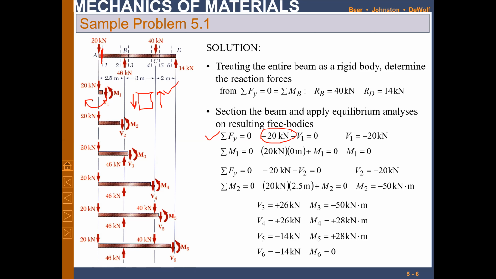We will take a little bit earlier or after that point. That is a negligible distance, so we will assume it's zero. So 20 kilonewton into zero will be 0 plus M1, right?